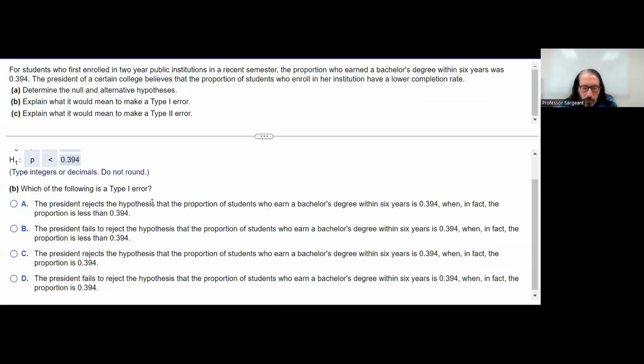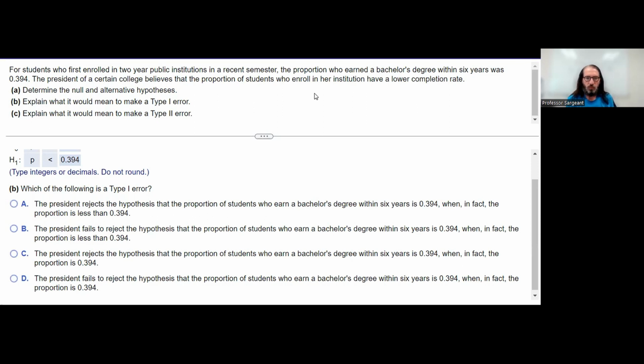A type 1 error. Okay, that would be when the completion rate at her institution is in fact the same as the population completion rate.